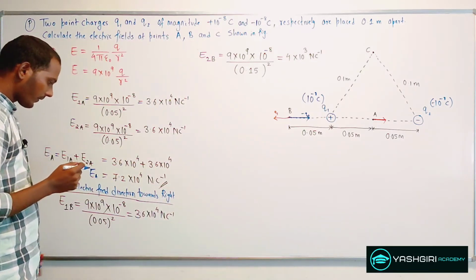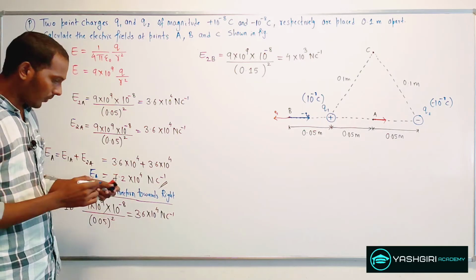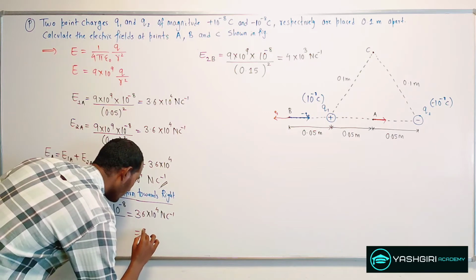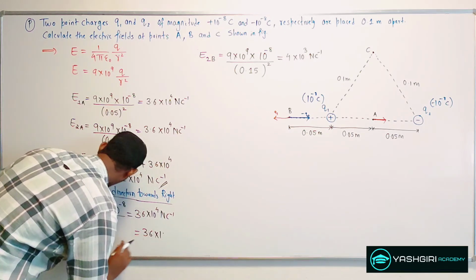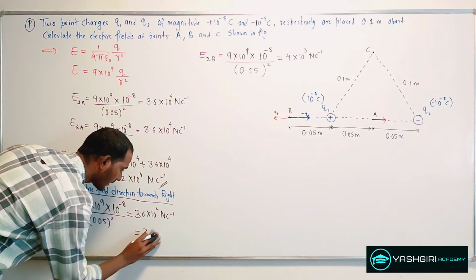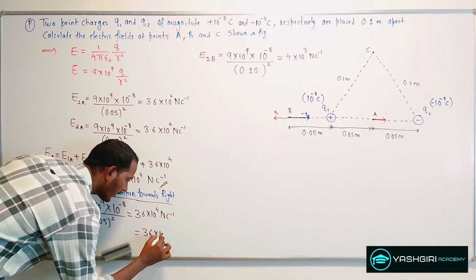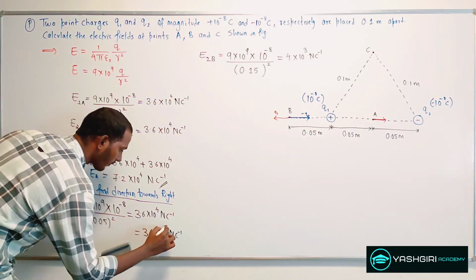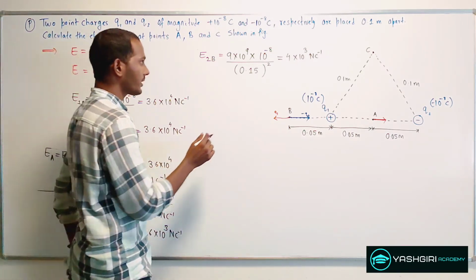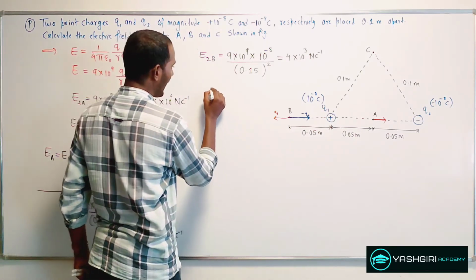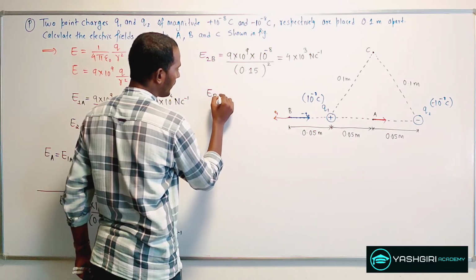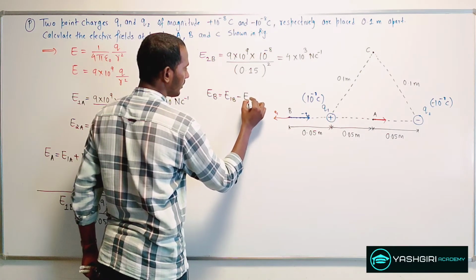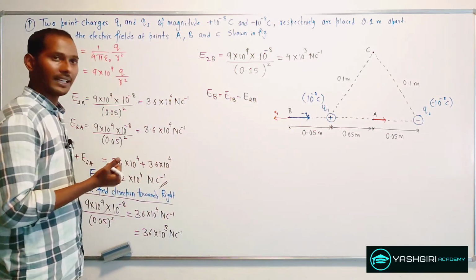All right. So here it's 3.6 into 10 to the power 4, which I can write as 36 into 10 to the power 3 Newton per Coulomb. And the net electric field at B will be equal to E1 at B minus E2 at B, since they cancel each other.